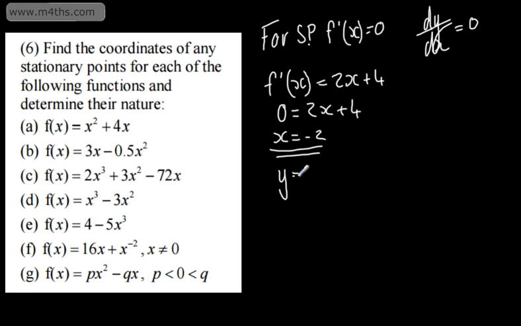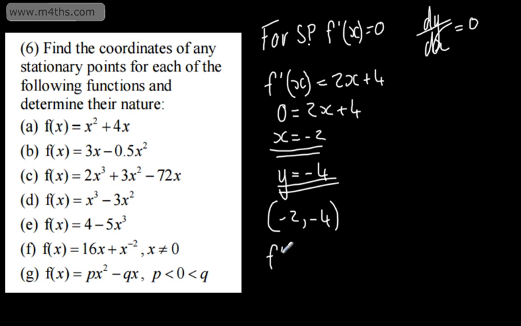So y is equal to (-2)², which gives 4, plus 4 lots of -2, so that gives me a total of -4. So the coordinates of the stationary point are (-2, -4). What we're now going to do is determine the nature.